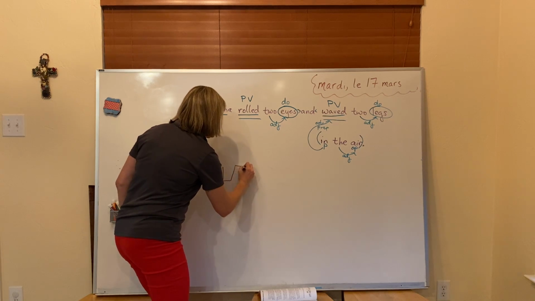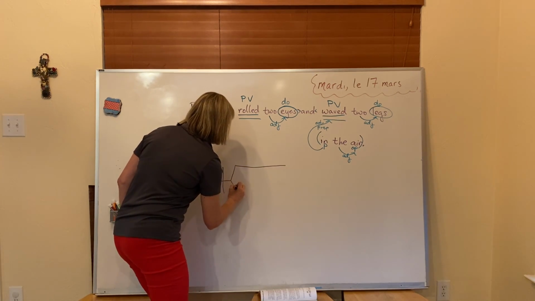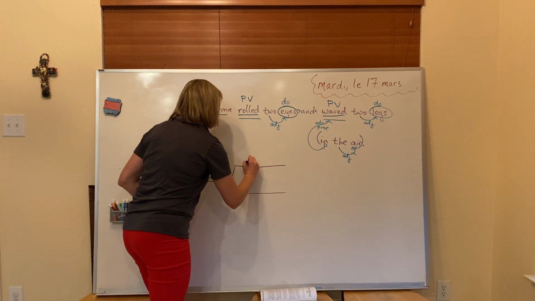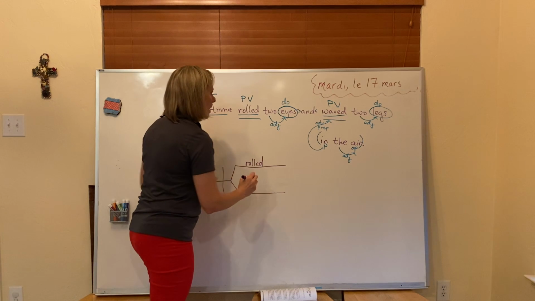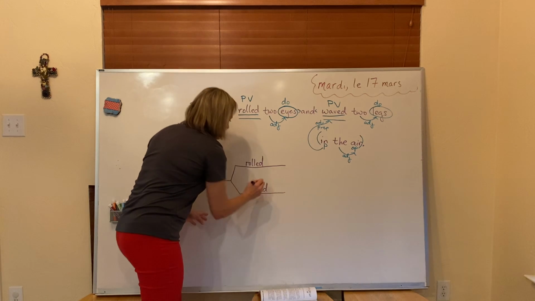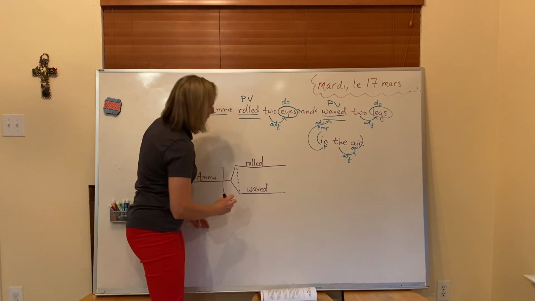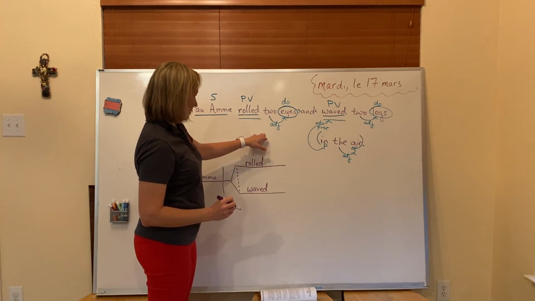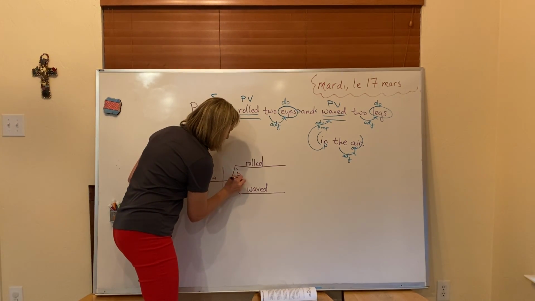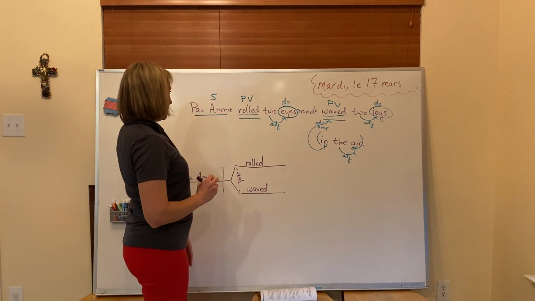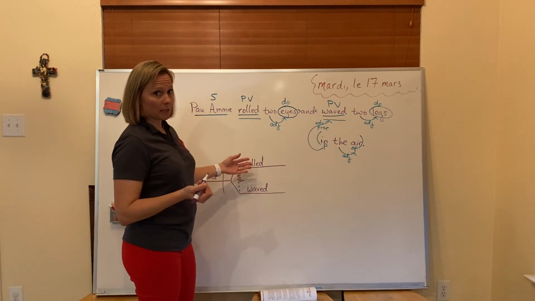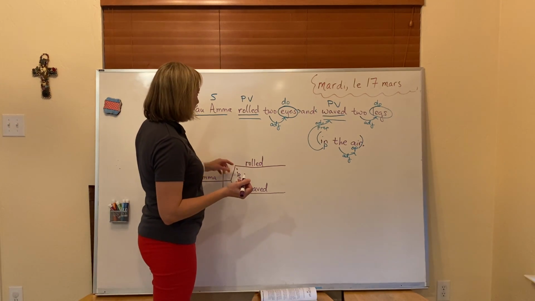Then we need our spaceship over here to separate our two verbs, which are rolled and waved. We always need to mark how these two are linked together. Our linking word is and. So we write our conjunction right there. Now, do we have modifiers for these verbs? Yes, we do. So we need to add those as well.